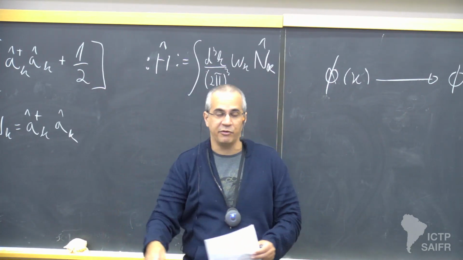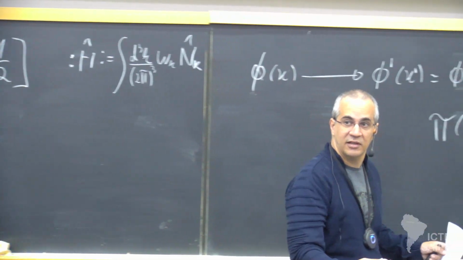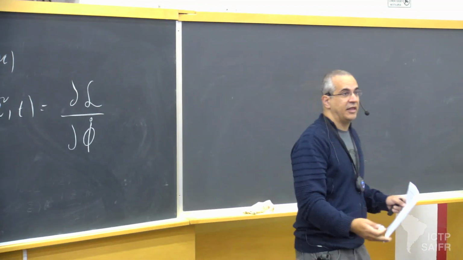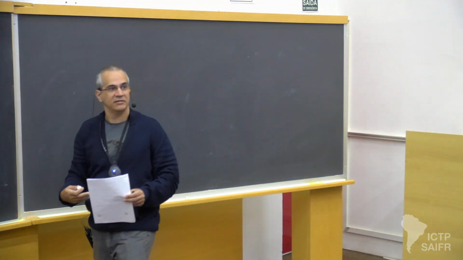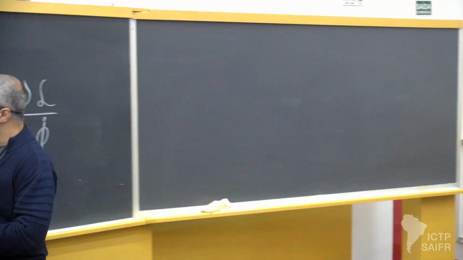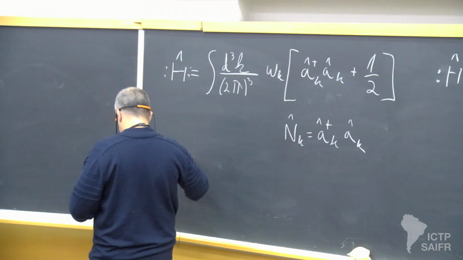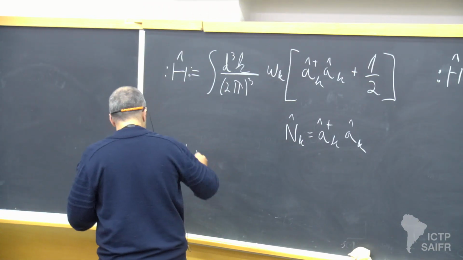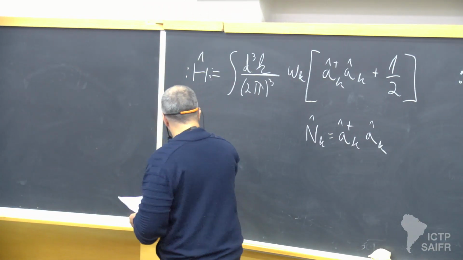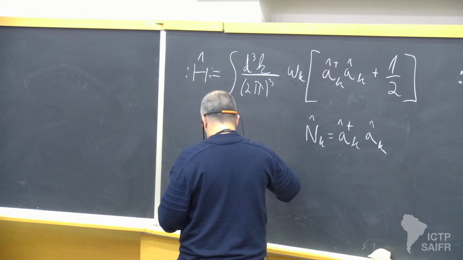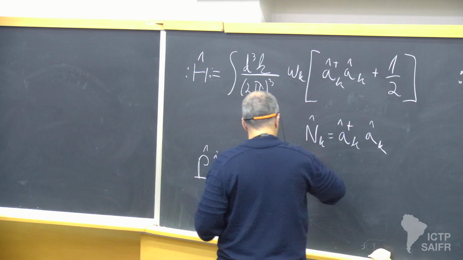If I do the same for space translations, translations in X, Y, and Z, the conserved quantity is momentum. So I can use that to find the operator, and it turns out that the operator looks like that, written in terms of A and A dagger. This is the momentum operator, because it is the conserved quantity under space translation.